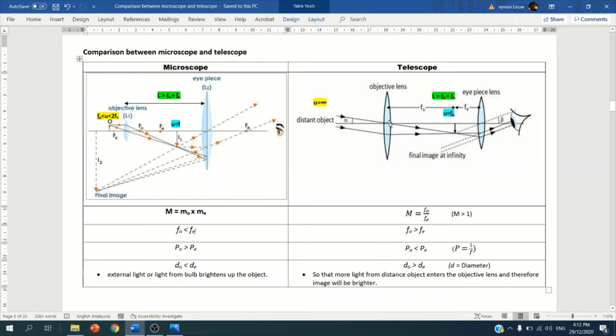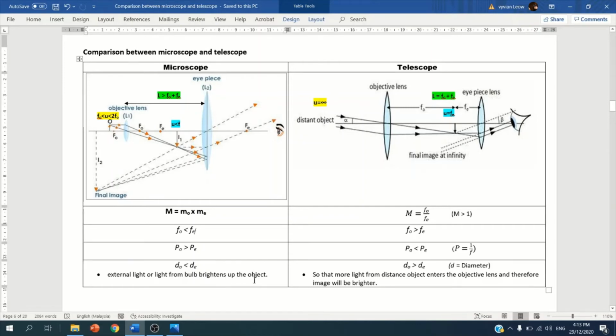Therefore, the objective lens has to be bigger so that more light from the distant objects enters it, and therefore the image will be brighter. But for the microscope, we don't need to do that because the microscope can always be placed near a window that allows light from outside to enter, or we can install a bulb to brighten up the object.